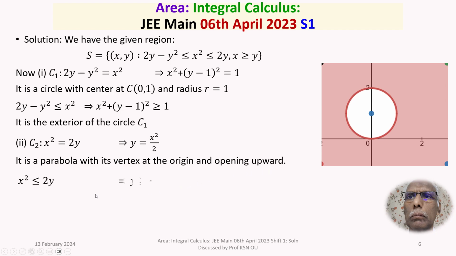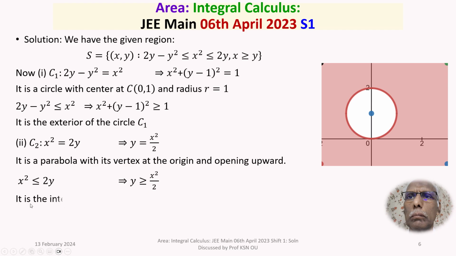Agreed. Now it's given x square less than or equal to 2y. That means y is greater than or equal to x square by 2. So all those points that lie on the parabola and the points inside the parabola, that means the interior of the parabola and the points on the parabola.